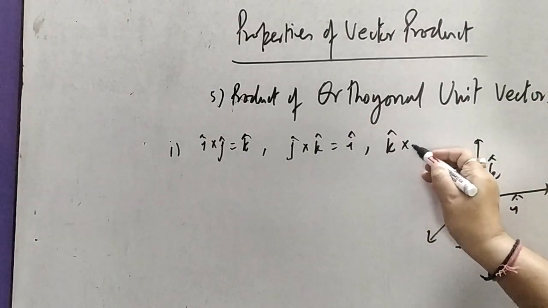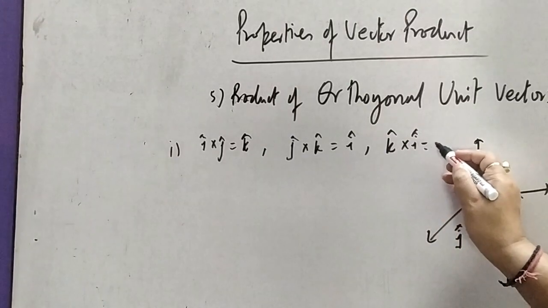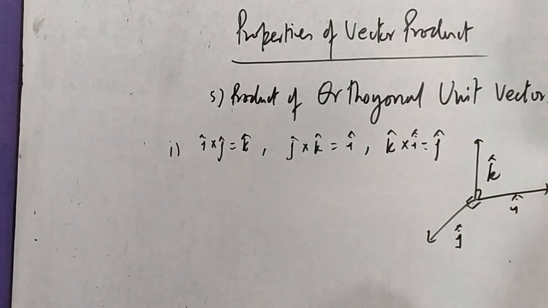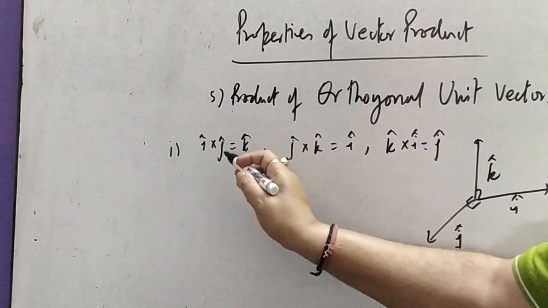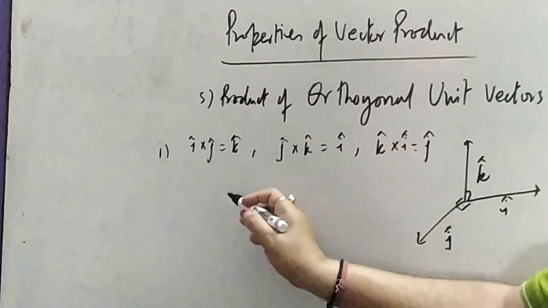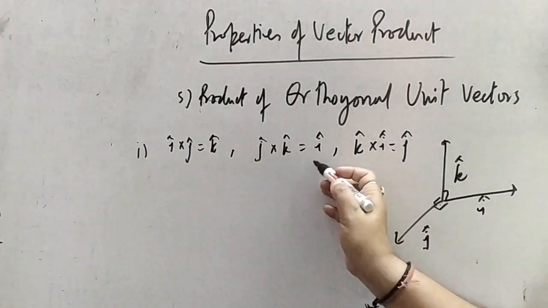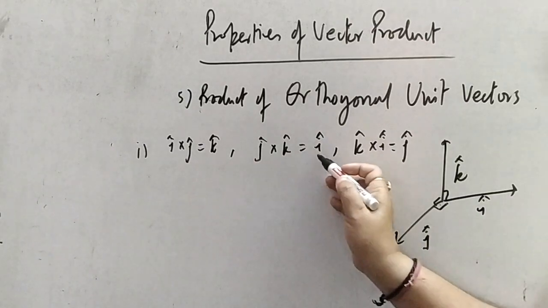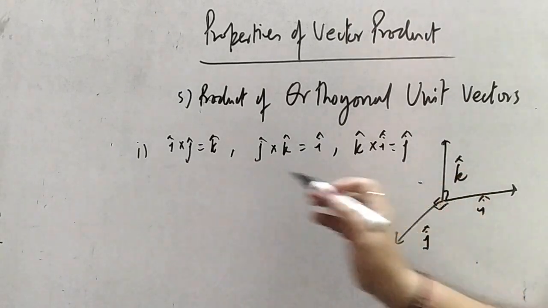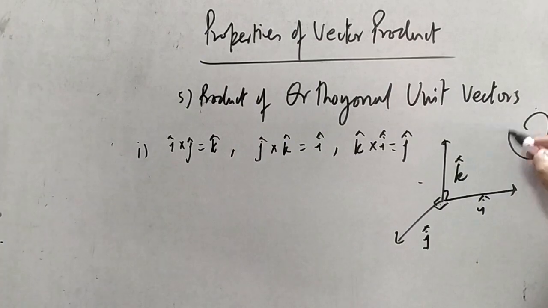Then k क्रॉस i इक्वल टू j. आप देख सकते हैं बिल्कुल साइक्लिक ऑर्डर में है. सबसे पहले i के बाद फिर j के बाद k. तो i j लिखेंगे तो k हो जाएगा. k के बाद i आता है. उसके बाद अगर j और k लिखेंगे तो i आ जाएगा. और उसके बाद k और i लिखेंगे तो j आ जाएगा. We have seen they are all in cyclic order.